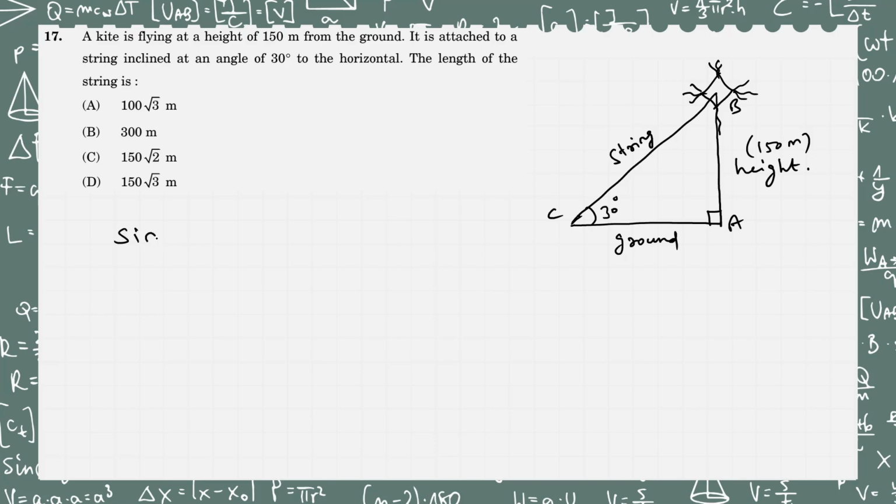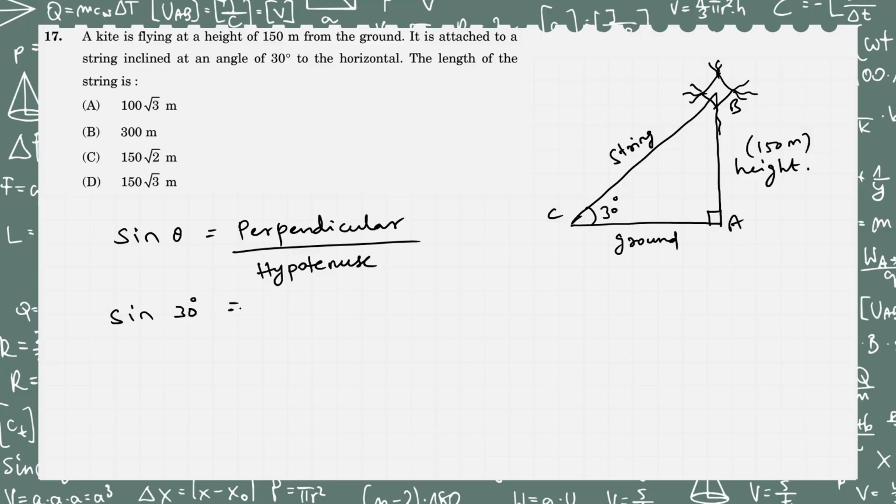So sine theta equal to perpendicular by hypotenuse. So applying this to the given triangle, sine 30 degrees equal to perpendicular is 150 and BC is the hypotenuse. We need to find it out.